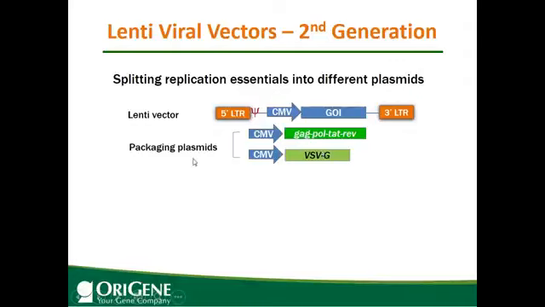So when you do a co-transfection of the lentivector with the packaging plasmids into cells, those packaging plasmids will provide the essential viral proteins to help this lentivector replicate and package into viral particles. But because the packaging plasmids don't have the LTRs and packaging signal, they will not be packaged.